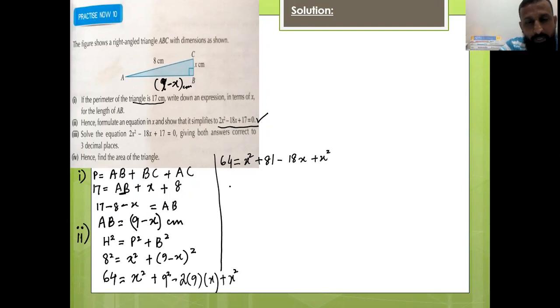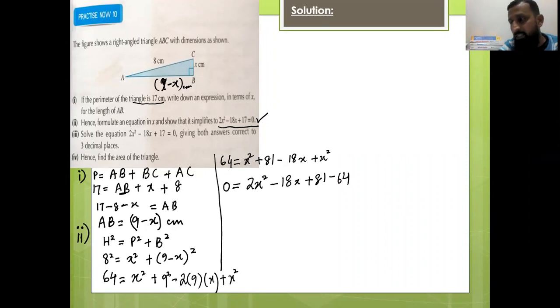Again, we can simplify it by moving all the numbers to one side, and we should have 0 on either side. So I'm moving the 64 to the other side. 0 equals, let's add up x squared and x squared. It makes 2x squared, negative 18x, and we have plus 81 minus 64.